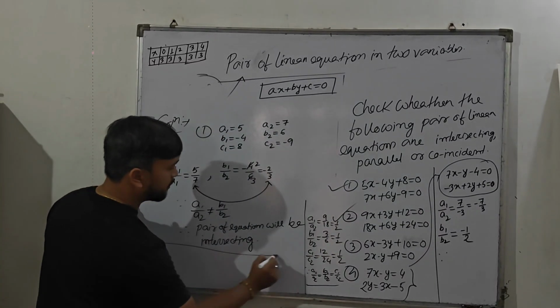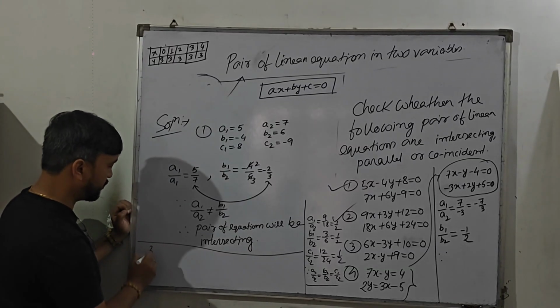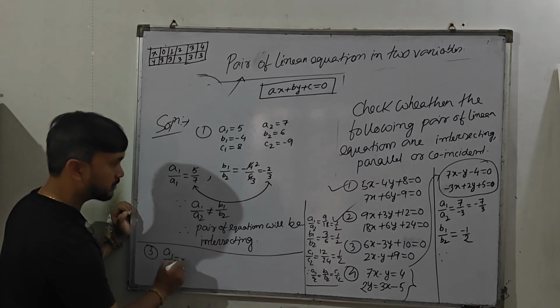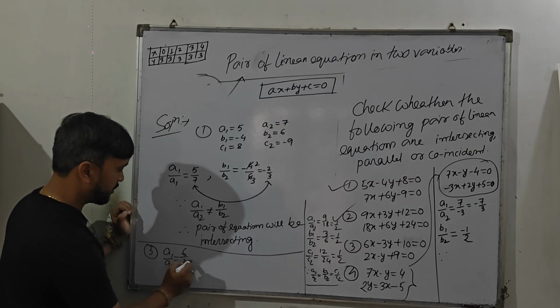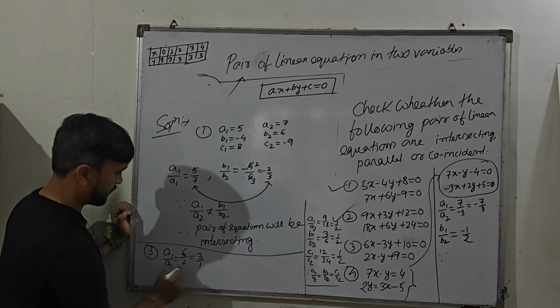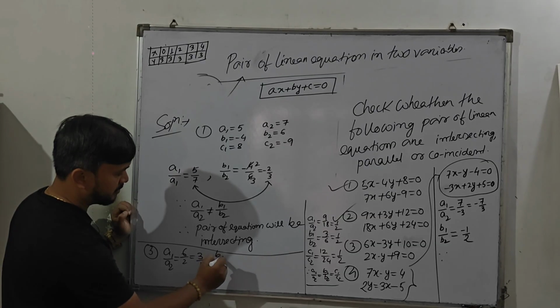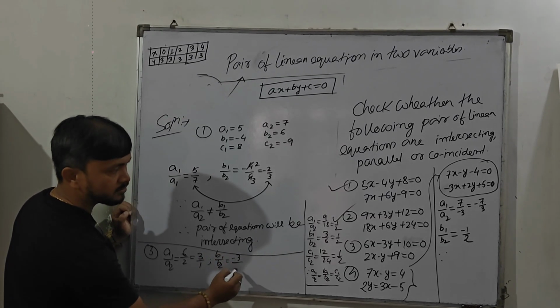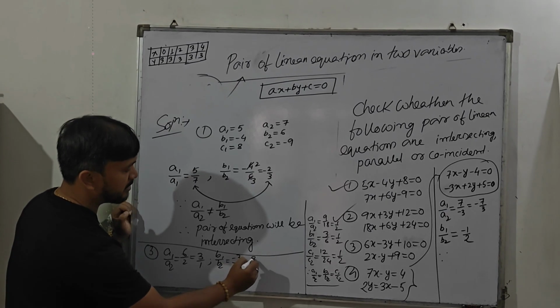Next, for the question number 3 in the sheet, a1 by a2 is 6 by 2, that is 3 by 1. Then b1 by b2, minus 3 by minus 1, again 3 by 1.